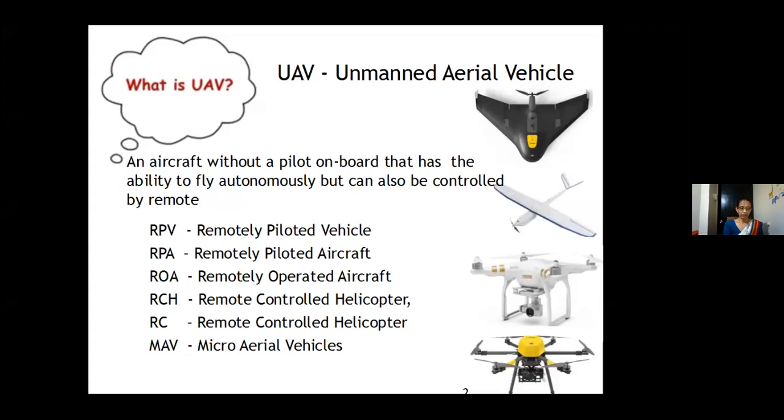This system requires reliable wireless communications for control. Additional terms like RPA, which means remotely piloted aircraft, ROA, remotely operated aircraft, RCH, remotely controlled helicopter, or the final one, MAV, that is micro aerial vehicles. We can also find these names in this drone domain.